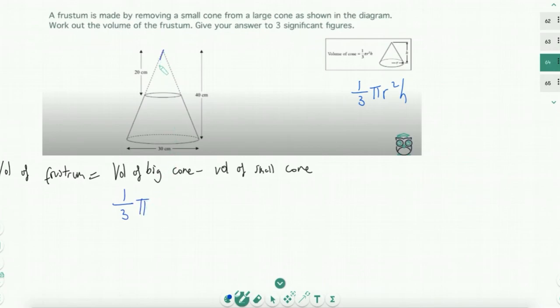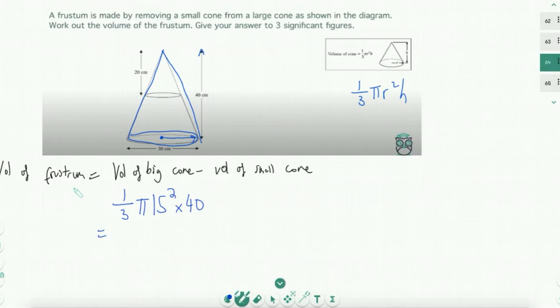For our big cone, the radius is half the diameter, so half of 30 is 15. So r squared times the height. The height of the big cone is 40.